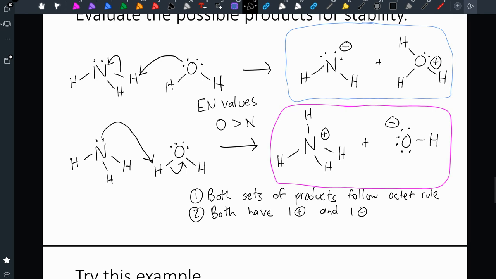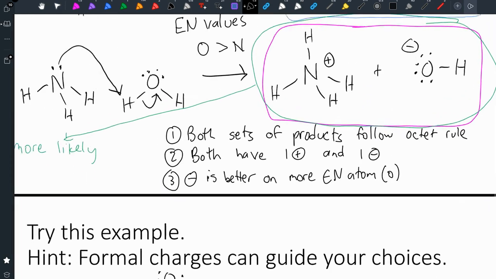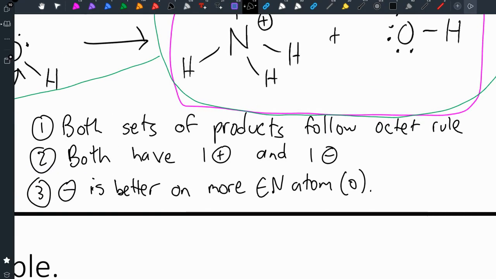So if I have to choose, I would say this second set is more likely, because my third rule tells me that negative charge is better on the more electronegative atom and the positive is better on nitrogen.